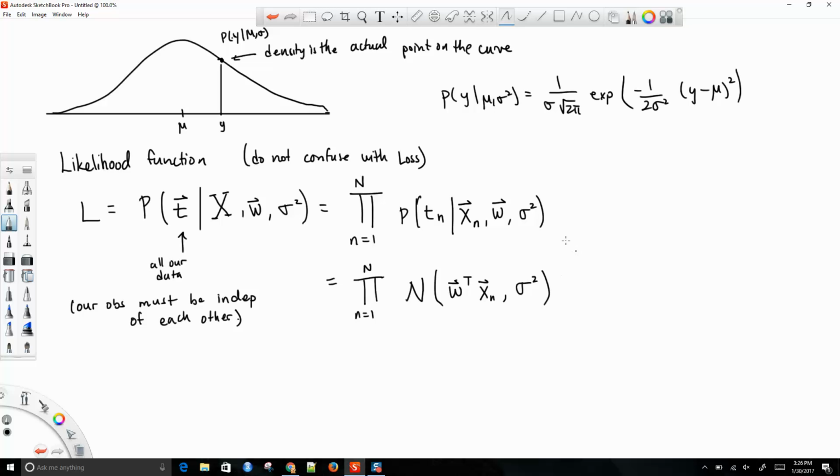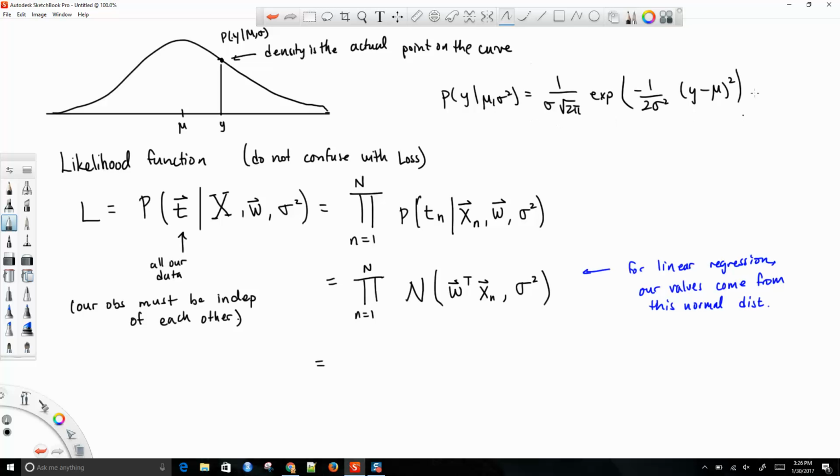Okay. So for linear regression, our values come from this normal distribution. So we have this normal distribution, and this is where things get ugly.